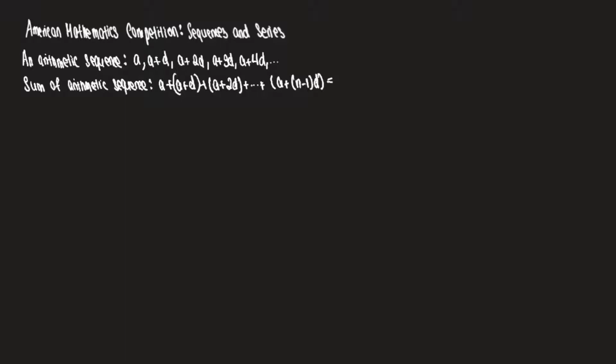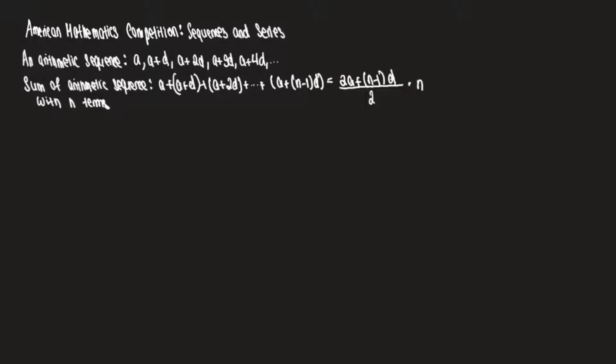So this is a sum of an arithmetic sequence with n terms. This is going to be equal to (2A plus (n minus 1)D) over 2, times n.